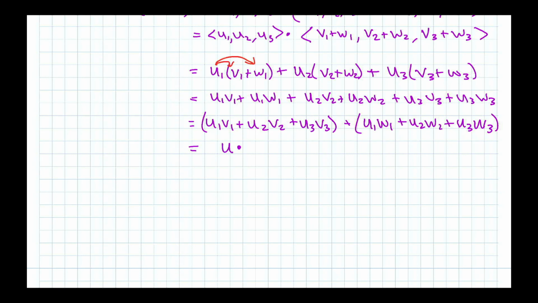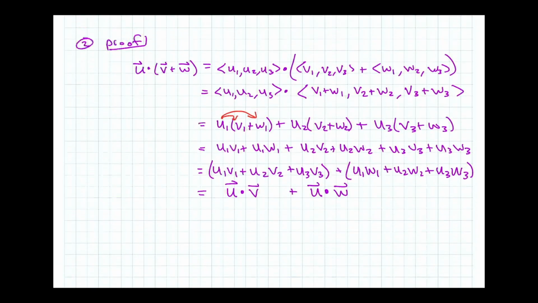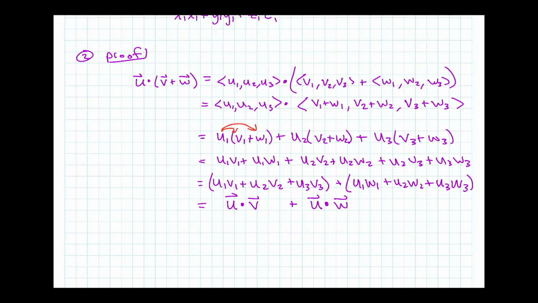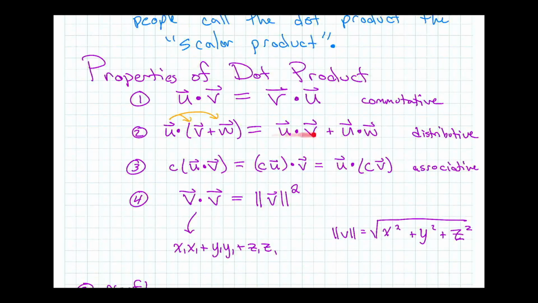So this is U dot V. And this one right here, obviously U1 W1, U2 W2, U3 W3, that's the dot product of U and W. Like that. So if you look at what we did here, all at once, we just showed that U dot (V plus W) is U dot V plus U dot W. That was that second property.